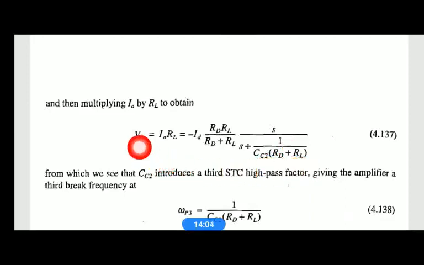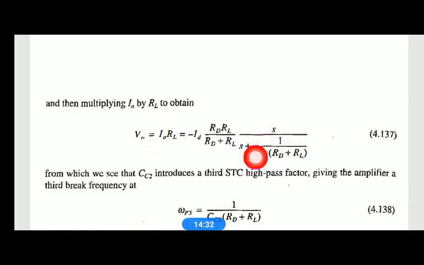Here for I naught we are excluding RL, because RL is included in the equation for V naught. You get I naught as this equation, except there is no RL here, whereas V naught is equal to I naught into RL. If you multiply by RL, it becomes V naught, understand.